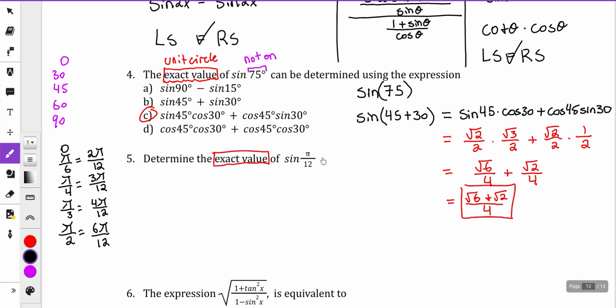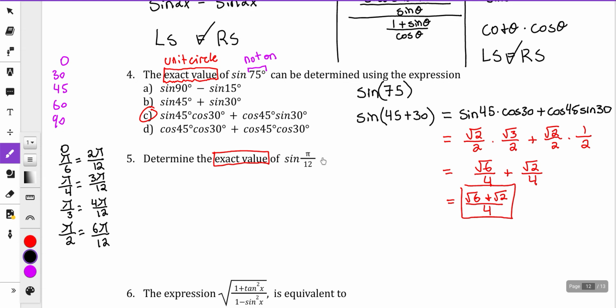I'm trying to find two values that I could use to add or subtract to become pi over 12. Any suggestions? Yep. If you subtracted 4 pi over 12 from 6 pi over 12, that'd be 2 pi over 12. But you're on the right track. Sorry, if you did it with 3 and 4, 3 and 4 would work.